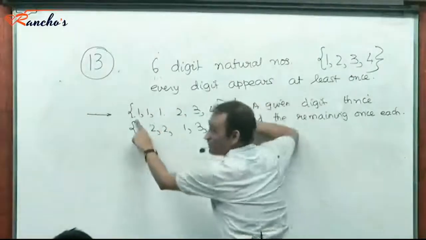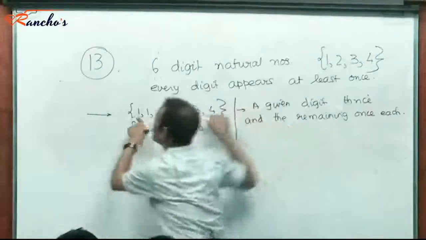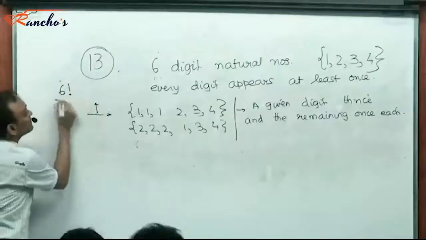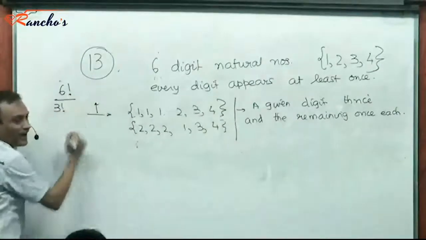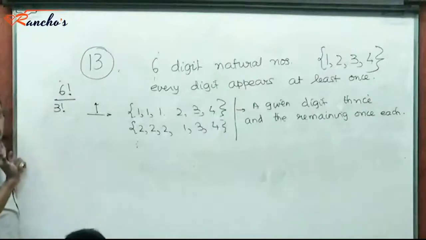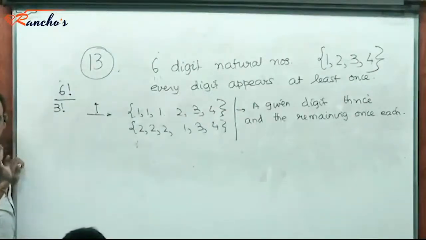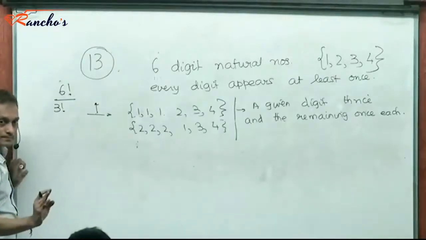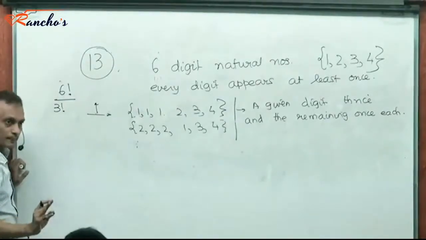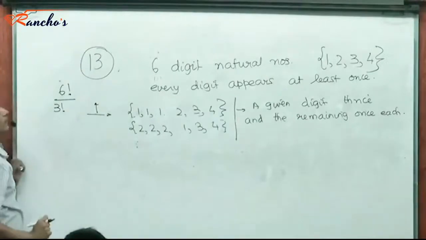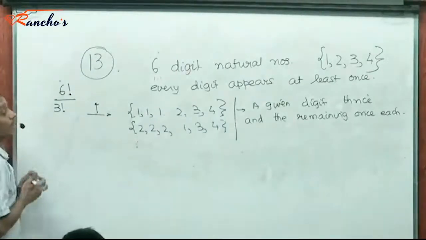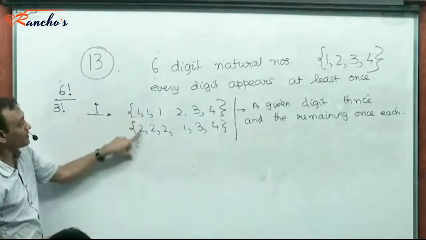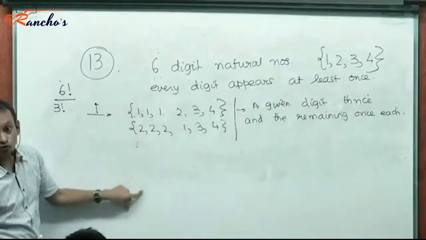So the number of numbers that could be created out of this case would be 6 factorial by 3 factorial, since 6 things in which 3 are alike of one kind and the remaining different. Now, how many such cases? I can have 1, 1, 1, 2, 2, 2, 3, 3, 3, 4, 4, 4.